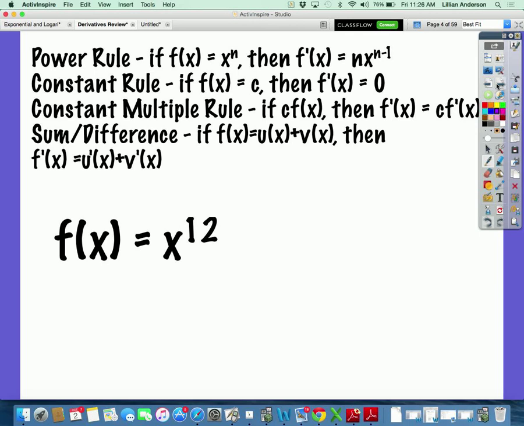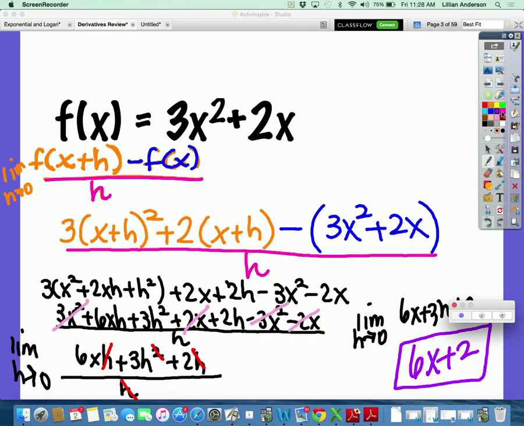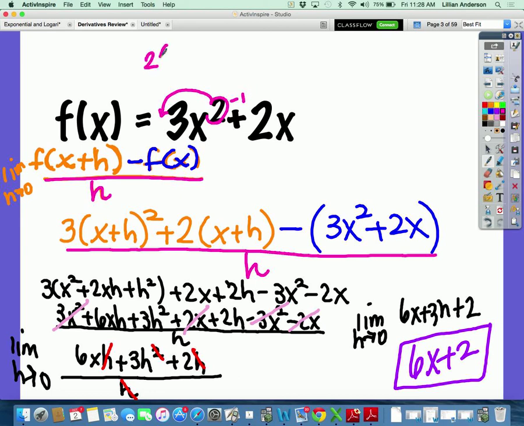So, write this down first, and then I want to show you how the power rule could have been used for that last experiment. So power rule basically says to take your exponent and then move it to the front and then subtract 1 from the exponent. So if I move 2 down to the front, this becomes 2, 3x, and then what's 2 minus 1? 1.